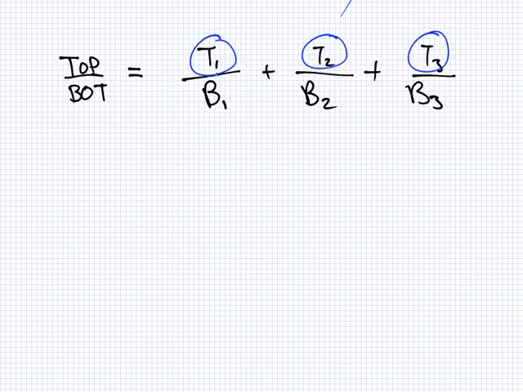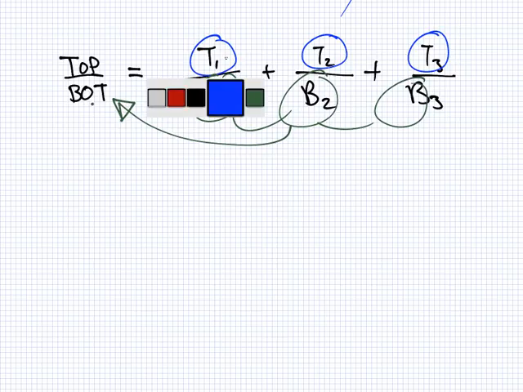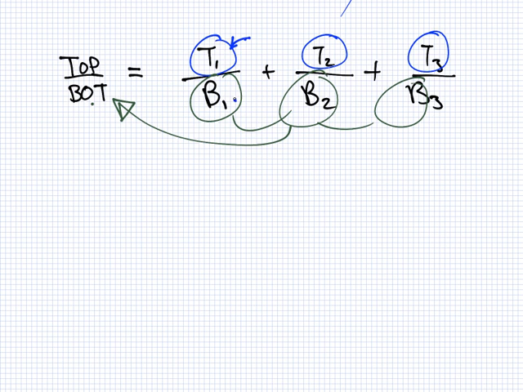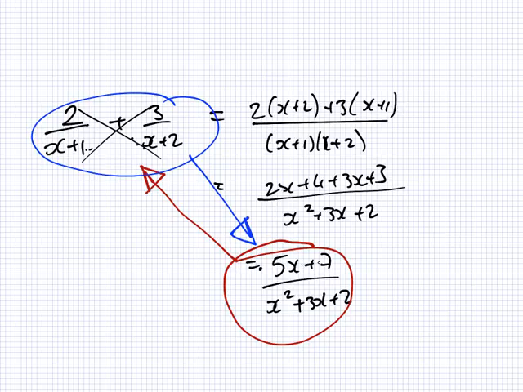What we want to know is what T1, T2, and T3 are. Because it's easy to get the bottom, since the bottom is just going to be the factors here. What's hard to get is the top. But a guideline is that the power on the top should be lower than the bottom. If you look back at my example, this here is linear and this is quadratic, and when you go back to this, the top is still lower than the bottom.